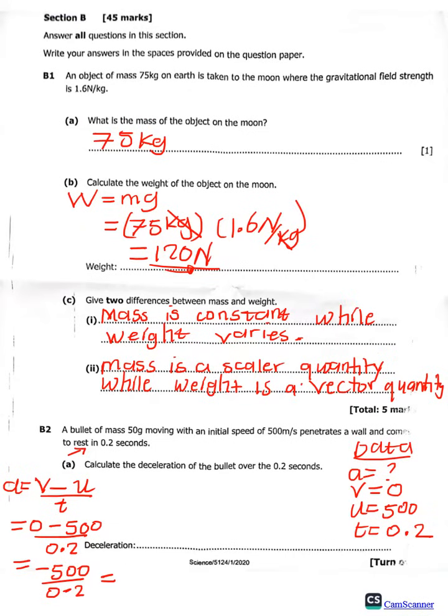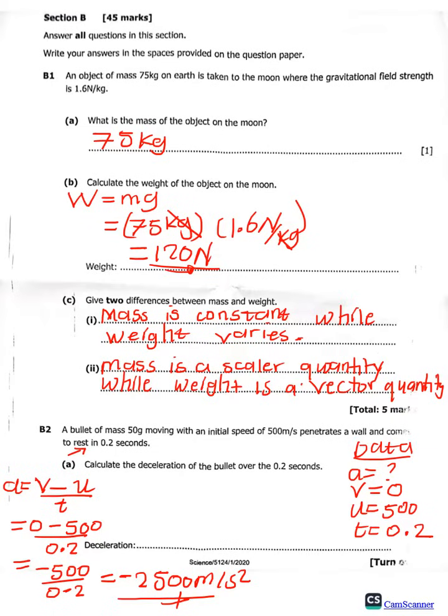If we divide 500 by 0.2, we get 2500, but it will be negative, meters per second squared. So the negative tells us that we are looking for deceleration, or the acceleration of an object that was coming to rest.